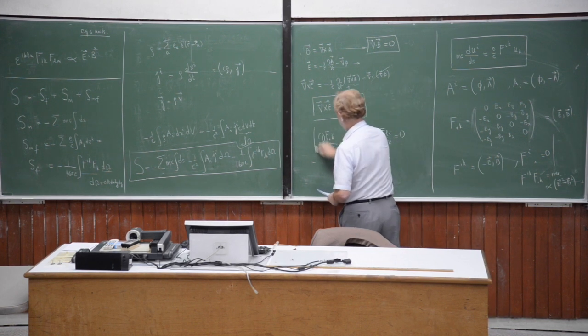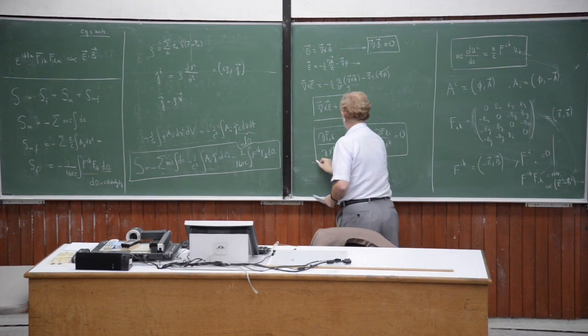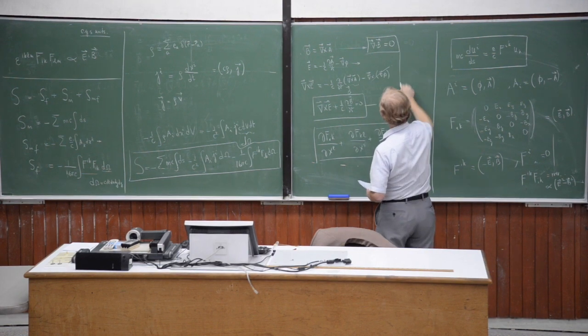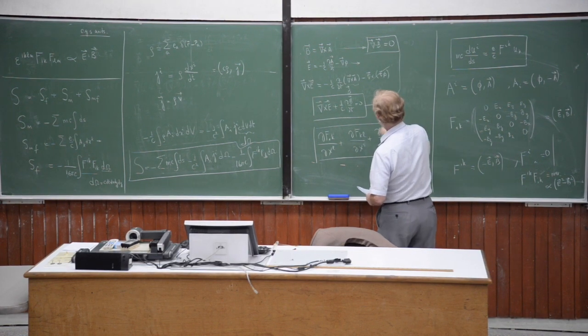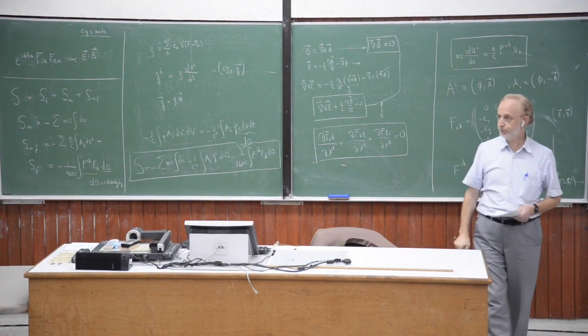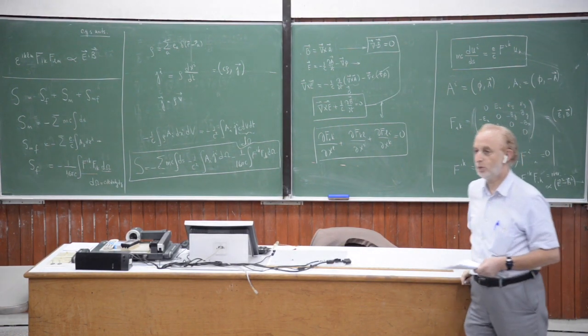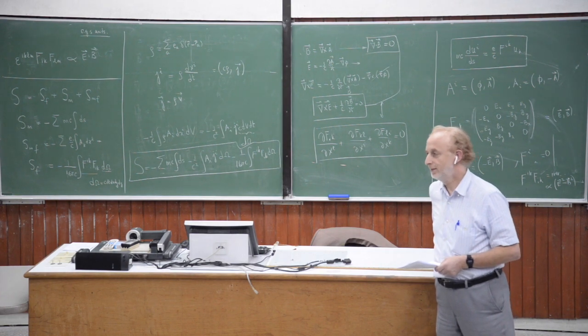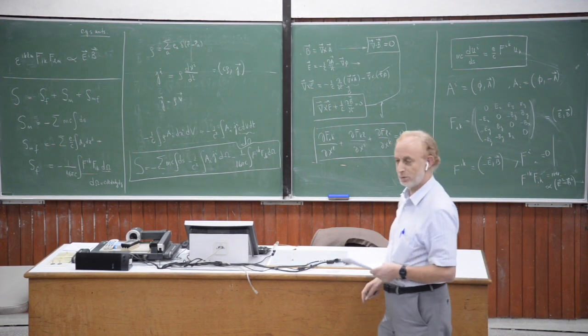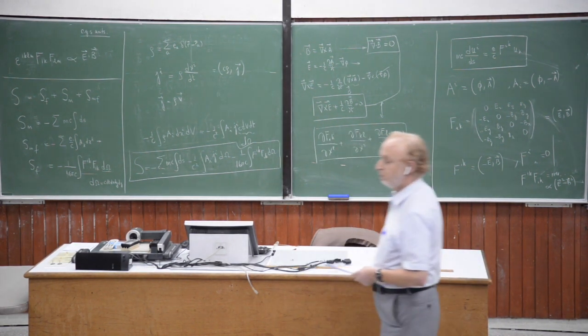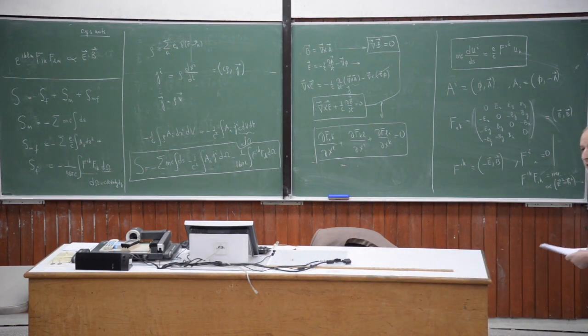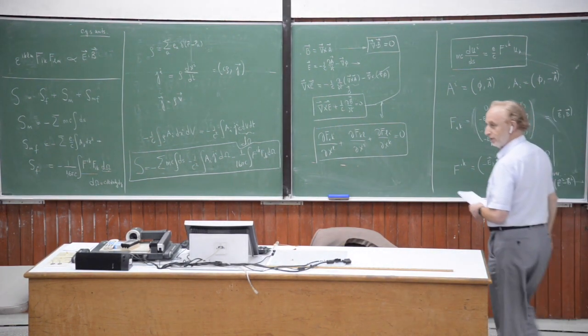This has to be 0. So this equation and this equation are nothing more than this. Okay? This has a name. What do we call it? In differential geometry or whatever, I don't know. Called Bianchi identity. The Bianchi identity.